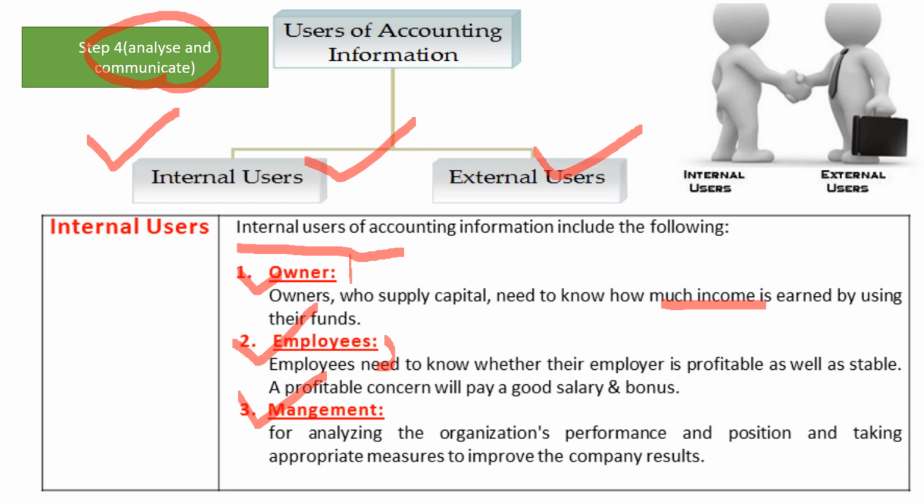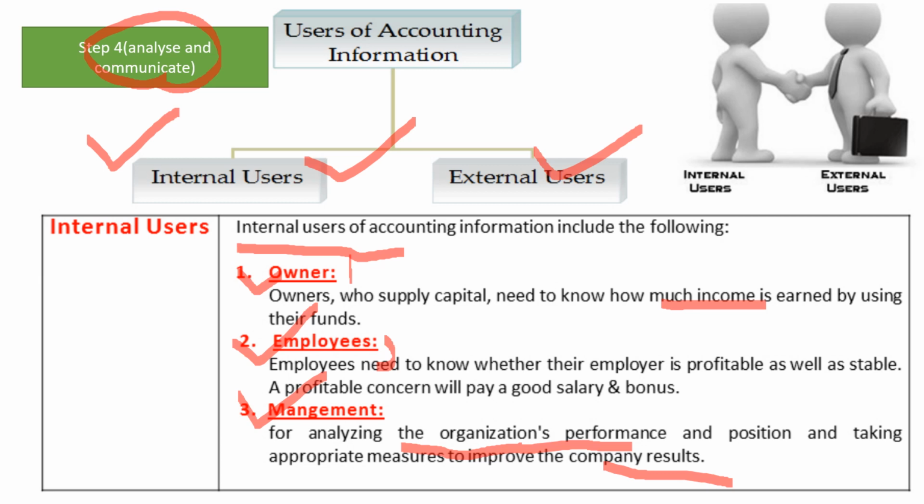How? Because obviously managers set the plans for the business, and if there are any deviations in the performance and the profitability of the business, then they come to know where they are lacking, what the shortcomings are, what the causes of the deviations are, and they analyze those factors which help in increasing the productivity and efficiency of the company, and ultimately they'll improve the company results.